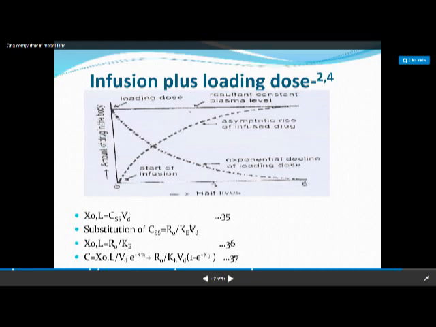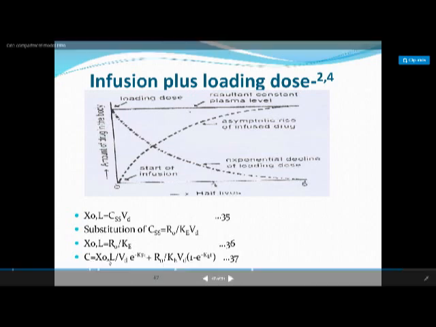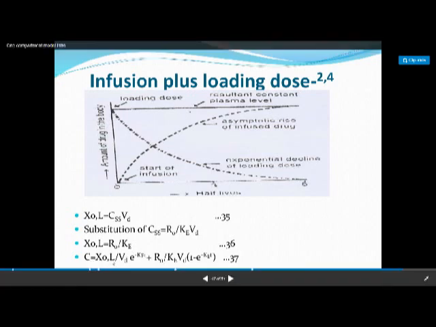This VD gets cancelled with this VD. So R0 upon KE. If you write it in terms of concentration, C is equal to X0L upon VD e raised to minus KEt plus R0 upon KE VD into 1 minus e raised to minus KEt.